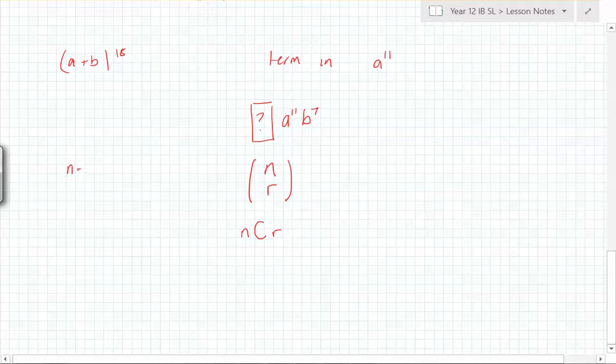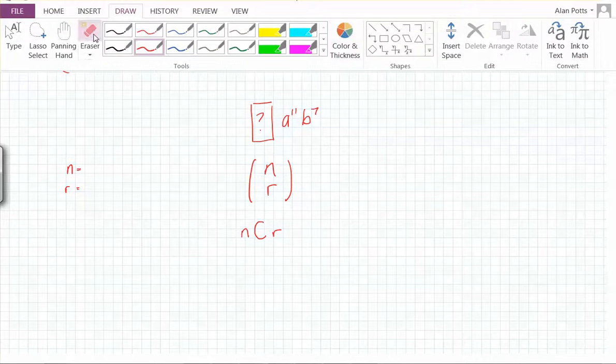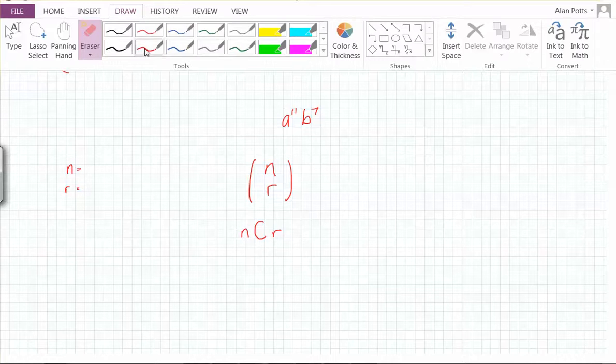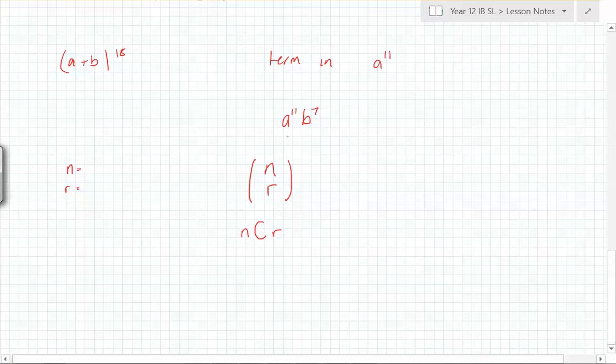So, n will be, well, actually, I'll tell you what, I'm not going to tell you what n and r are. I'm going to write it down. So here, let me get rid of the box. I'm going to write this and see whether you can figure out what I've written.